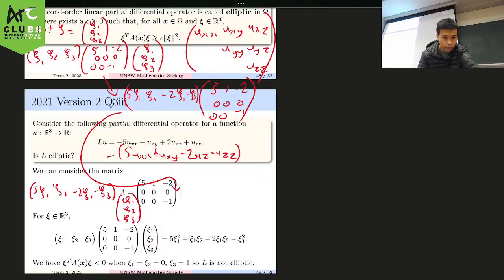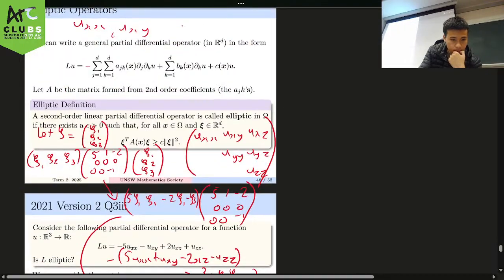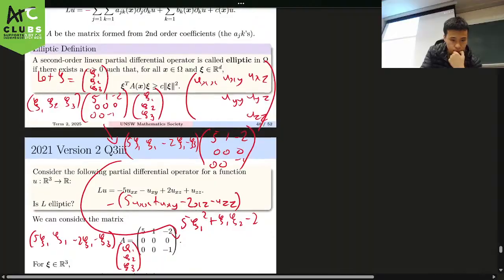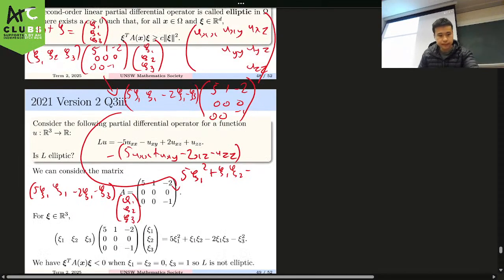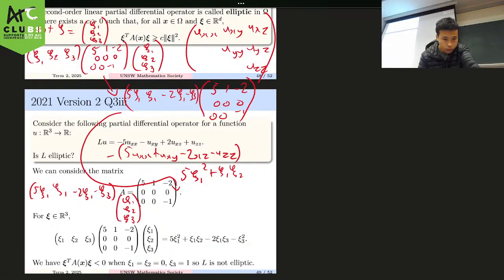So the first one is 5 xi 1 squared plus xi 1 xi 2, and then minus 2 xi 1 xi 3 minus xi 3 squared. Okay, that lines up with this, so it's good.